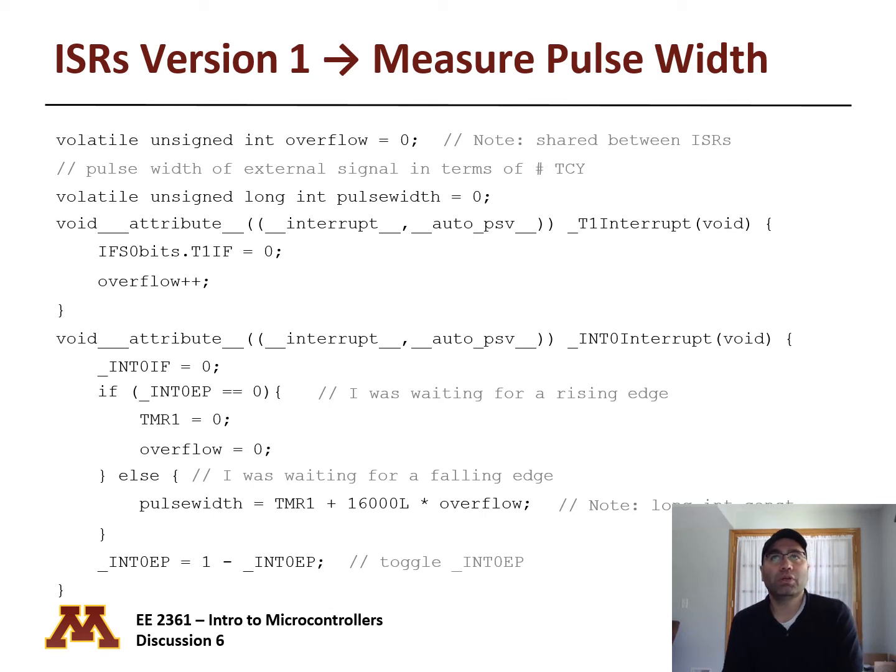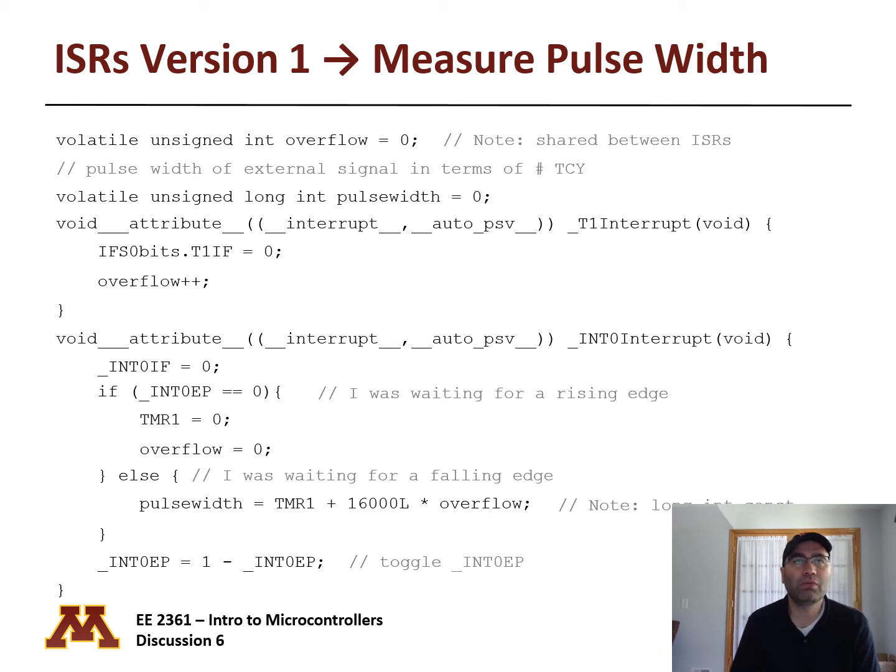So first, we have the volatile unsigned int overflow variable, and it's shared between ISRs. And then we have pulse width, again a volatile unsigned long int pulse width variable.